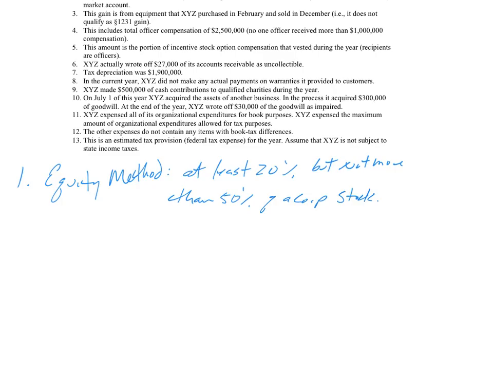Under the equity method, XYZ is going to recognize their pro rata share of income, but not the dividends. So the nuts and bolts: their pro rata share is 30% of that $1 million.